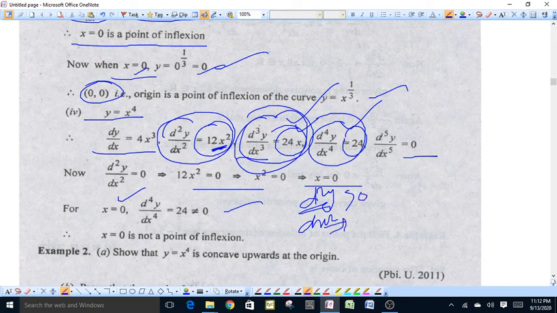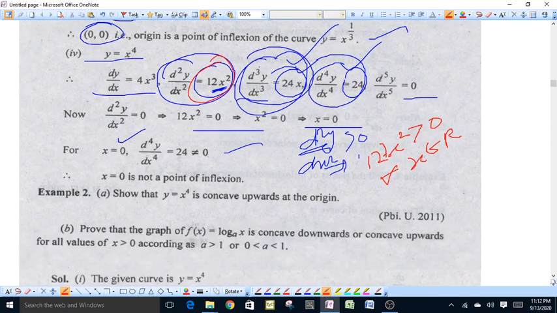That implies 12x square, which is second order derivative of the function, is positive for all x real. This means this curve is always concave upward, and x equal to 0 is not a point of inflection.